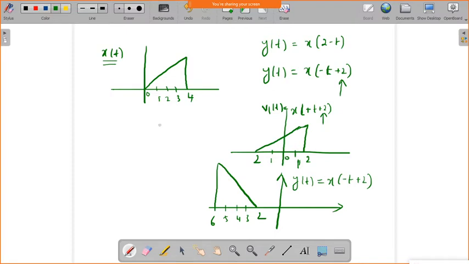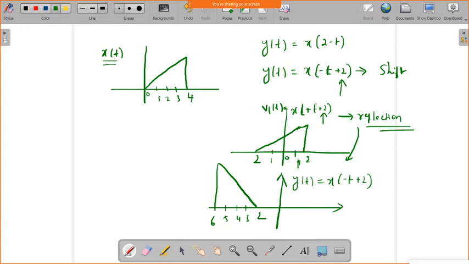But as per the signal operation priorities, we need to always do the shift operation first, then the reflection. So is it understood or any doubt?